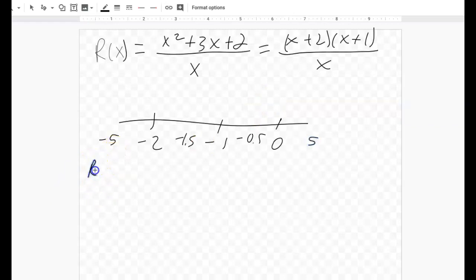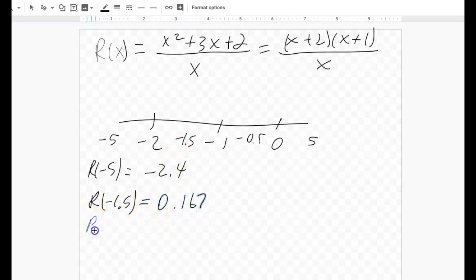So R of -5 turns out to be -2.4, R of -1.5 turns out to be, and these are all approximates, 0.167, R of -0.5 is equal to -1.5, and finally R of 5 is equal to 8.4.